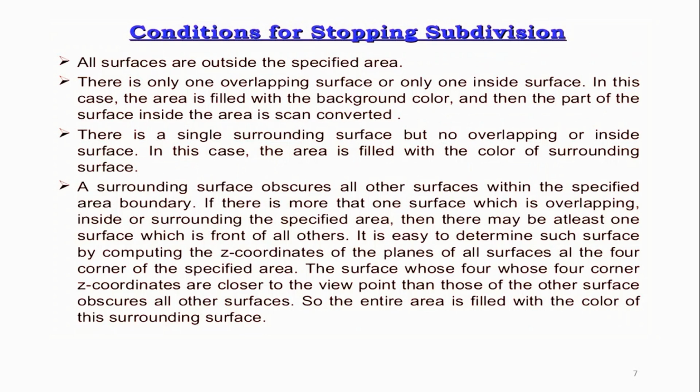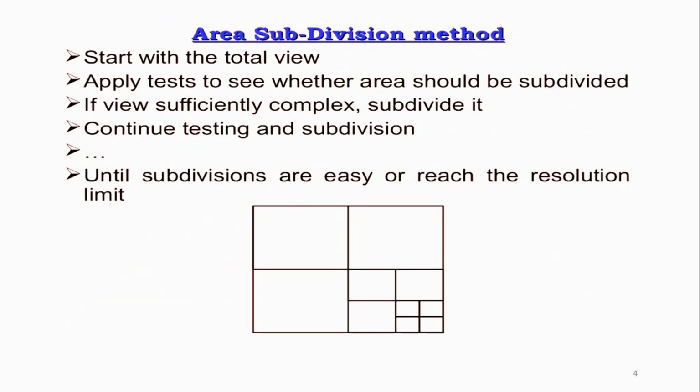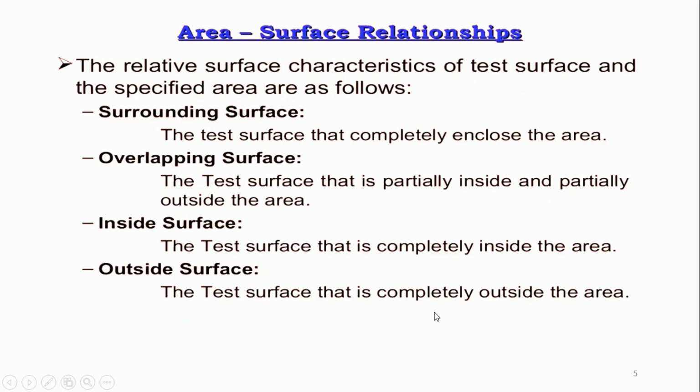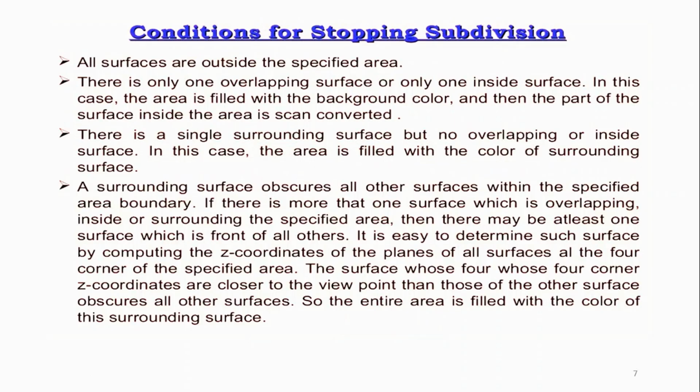When do we have to stop the subdivision? We take the entire visible area into subdivisions recursively. The stopping conditions are as follows. If all the surfaces are completely outside the specified area, we need not subdivide.